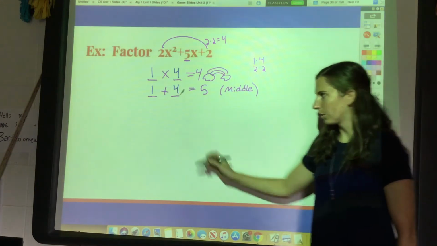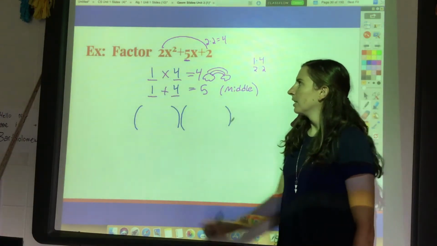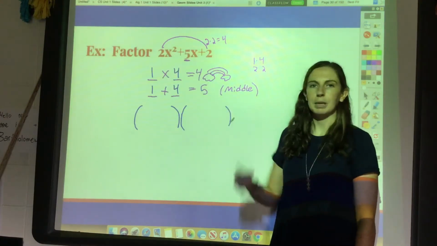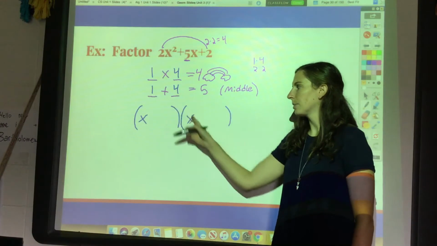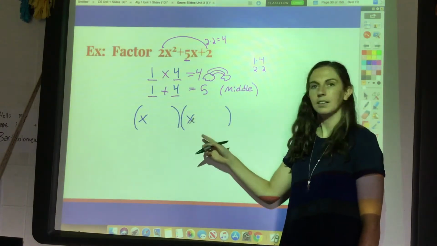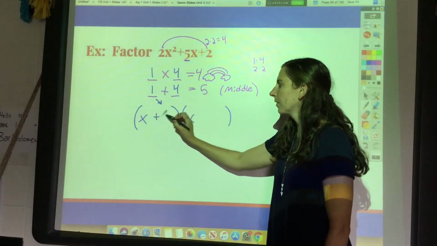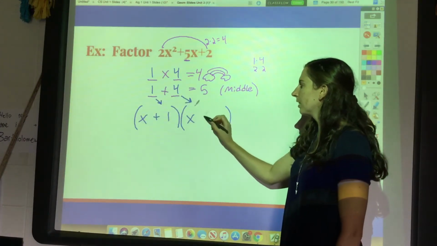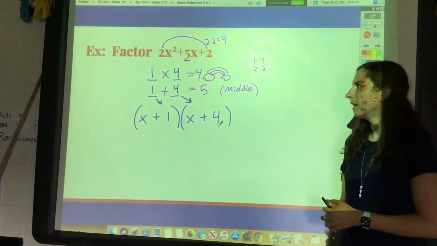So here's what I'm going to do. I'm going to list out my 2 factors. Since they need to multiply together to give me x squared, I'll have an x and x. And what I'm going to fill in is the 2 numbers that I just found, a positive 1 and a positive 4. We're almost done.